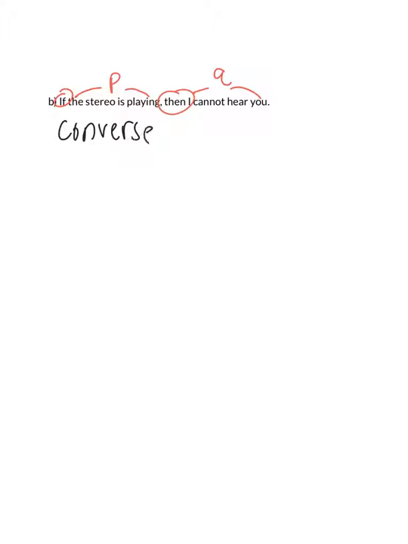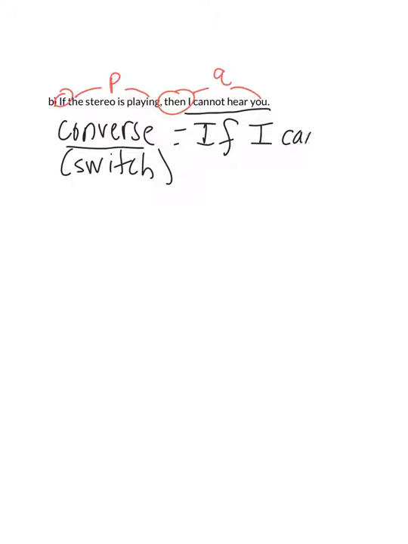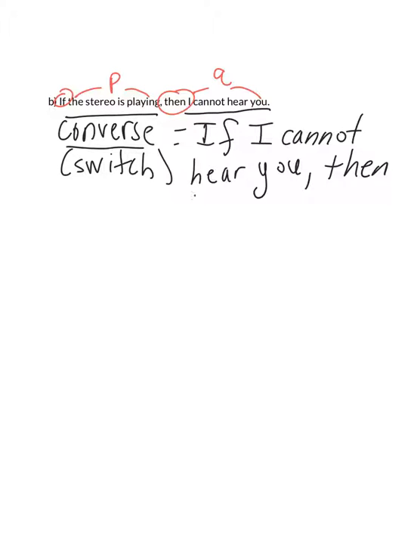And as long as you remember, converse just means switch the if-then phrases around, you're good to go. So now the if portion will be, I cannot hear you. So if I cannot hear you, now in the then portion, the stereo is playing. Converse, if I cannot hear you, then the stereo is playing.